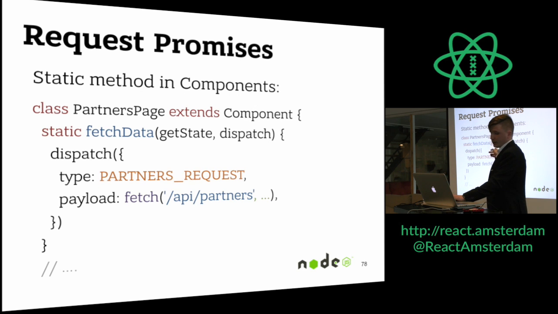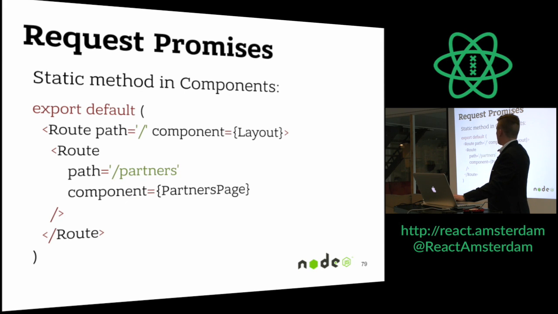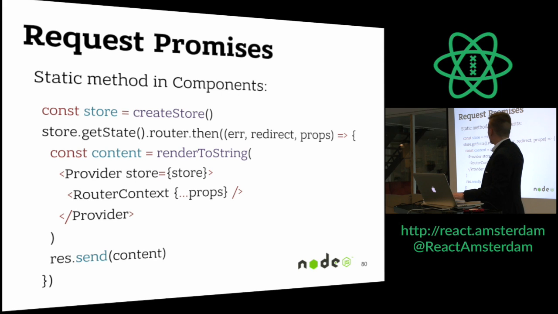Next you can see a short example: for the component, for the route, and for how to do it in an Express callback. You can see it in detail when you download these slides. I just provided it for your future reference.